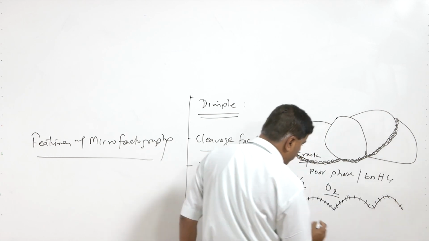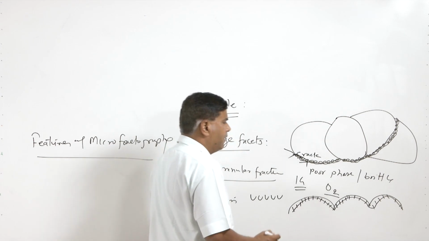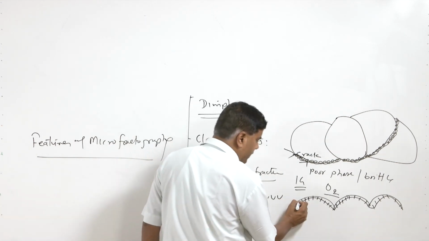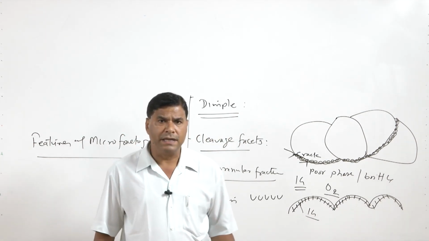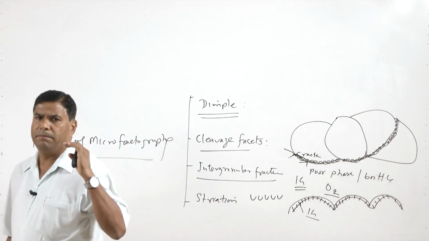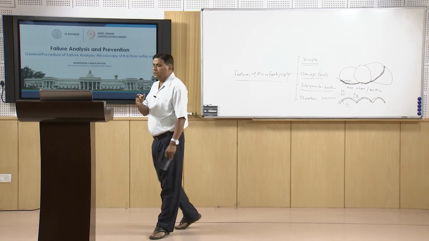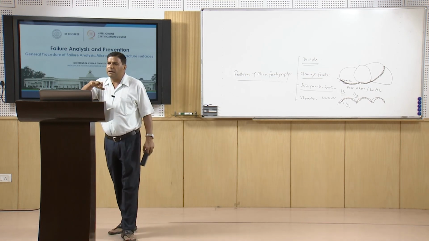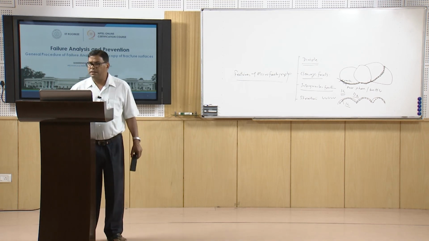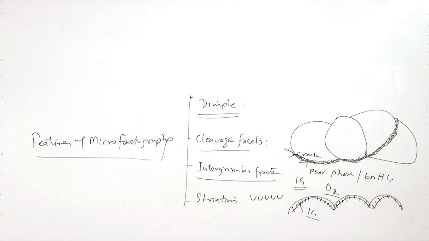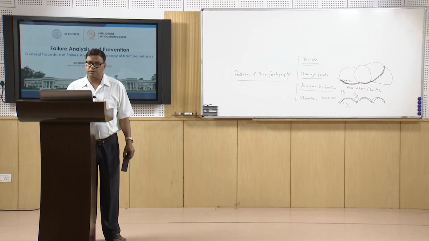So, we will be able to see different ball-shaped constituents present on the fracture surface, indicating that fracture has taken place in an intergranular manner. In brittle intergranular fracture, the different grains will be clearly visible on the fracture surfaces, indicating that the crack has propagated along the grain boundary and the separation of the grains has taken place through the grain boundary.